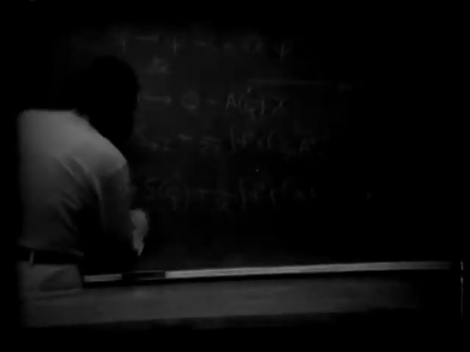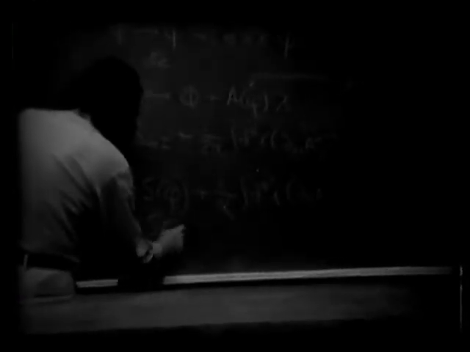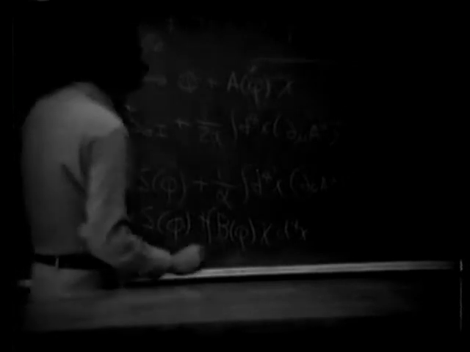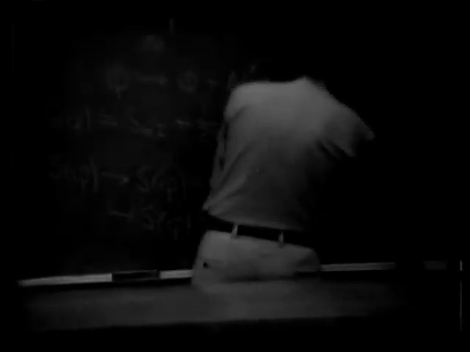I will write this as S of phi plus integral b of phi chi d4x, where b of phi is also first order or less in phi. It's in fact, as we see, just d mu a mu del squared.